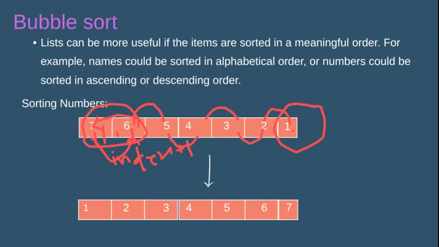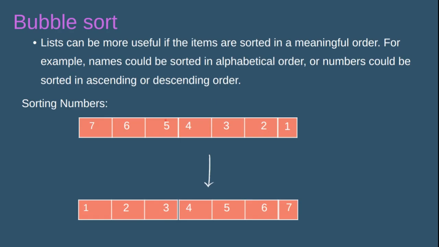There will be multiple passes. After each pass, the last considered index will be sorted. So for the first pass, when you compare 7 with 6, 7 is greater than 6, so in the first iteration 6 would be written over here and 7 would be pushed to the second position.